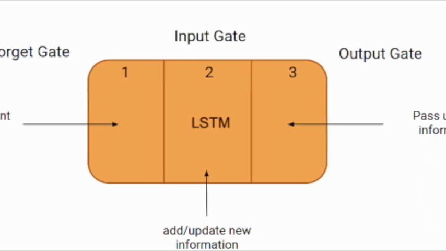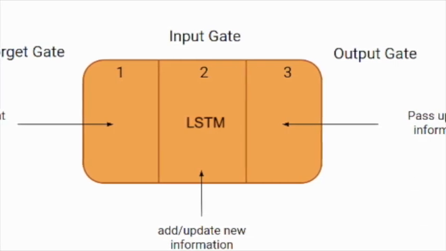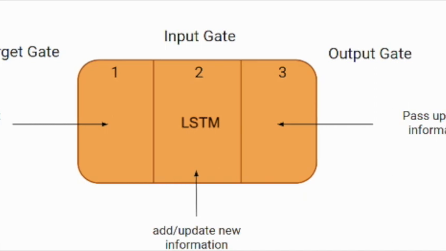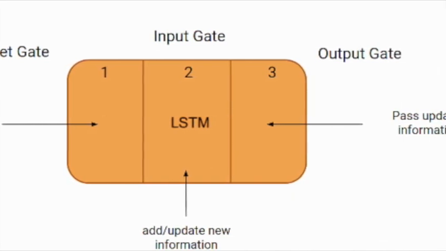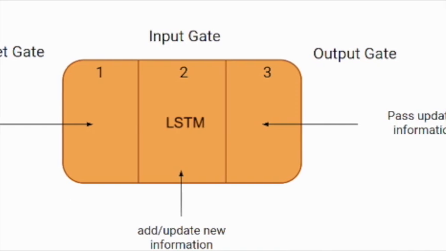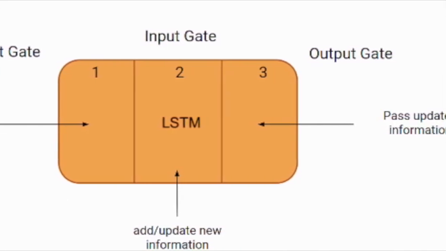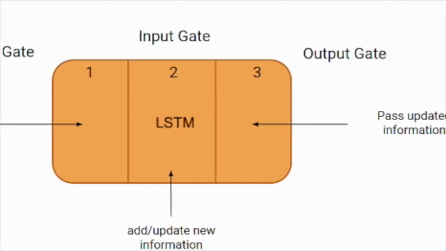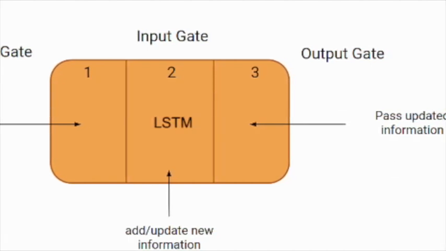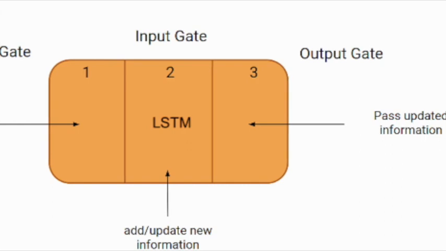The memory cell is a vector that can be modified using various operations such as element-wise multiplication or addition. The ability of LSTM to selectively store and retrieve information using the memory cell allows it to process sequential data more efficiently than traditional RNN.